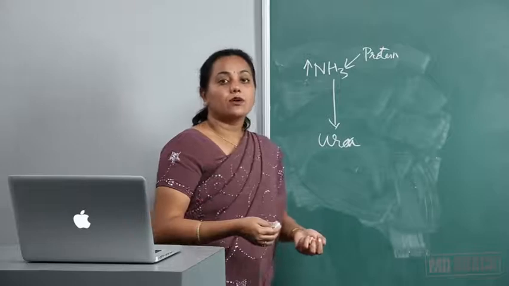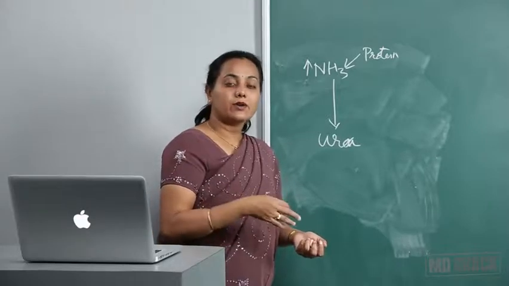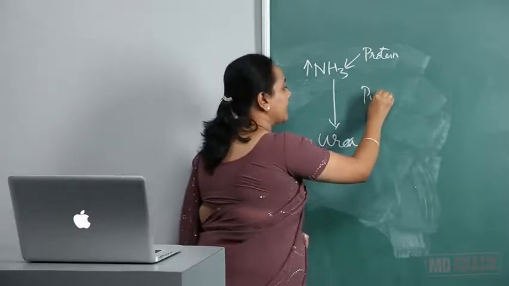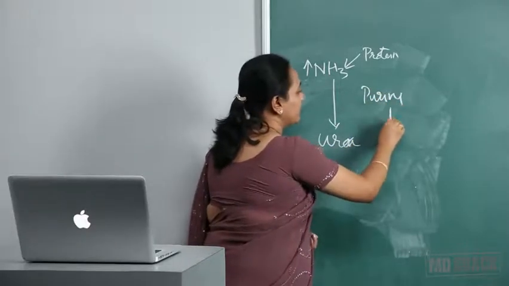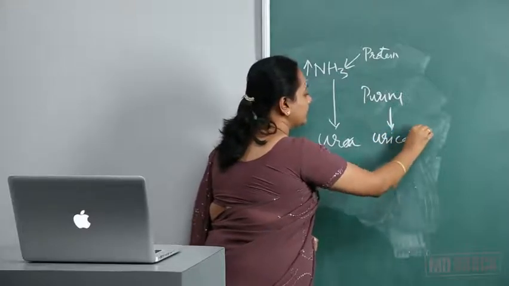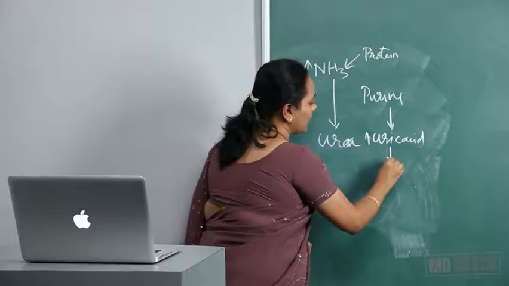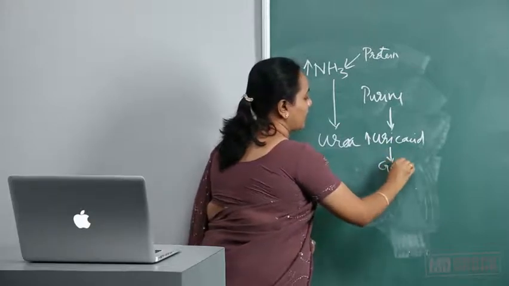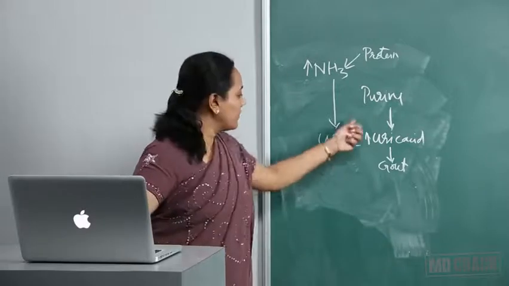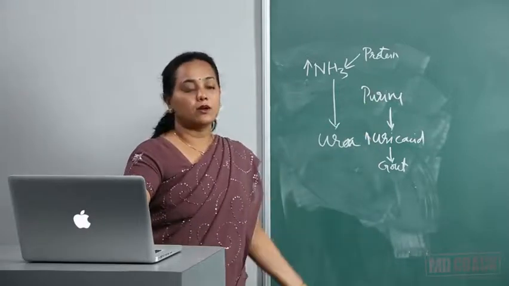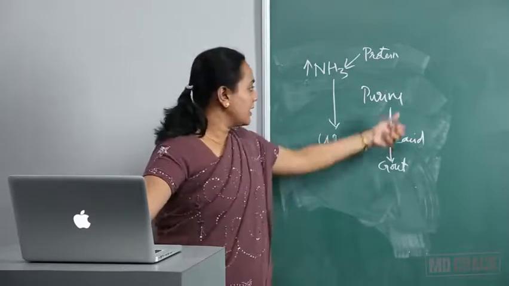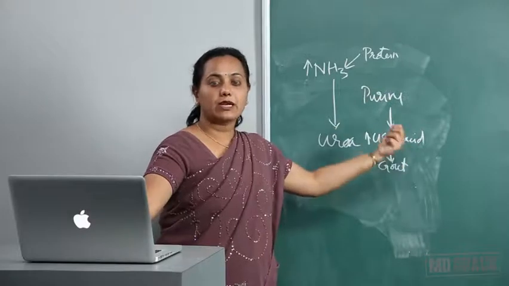The end product of purine metabolism, purines like adenine and guanine, is uric acid. And when uric acid increases, it leads to gout. Gout is because of increased uric acid. Can it be because of the urea cycle? Nothing to do with proteins. High serum uric acid level, again, as I said, is due to purine metabolism.